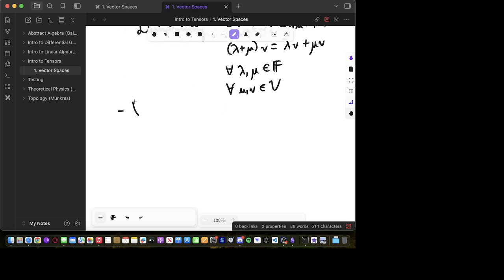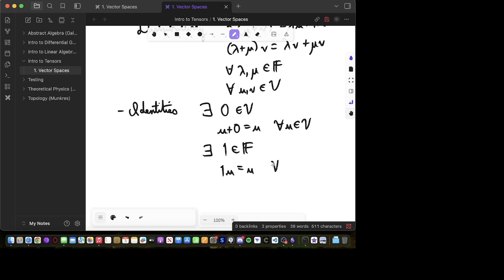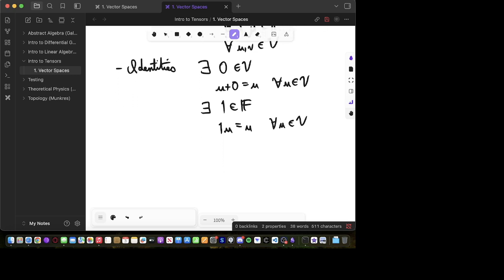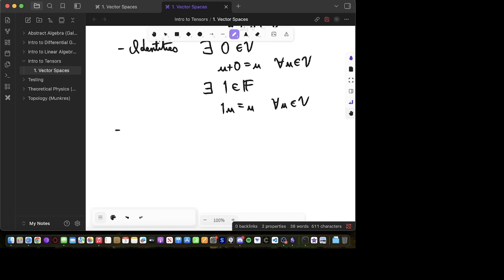There also exist certain identities. We have an additive identity, so there exists some element 0 in V such that u plus 0 equals u for all u in V. And there also exists an element 1 in the field such that 1 times u equals u for all u in V. And the final property we have is that of the additive inverse.